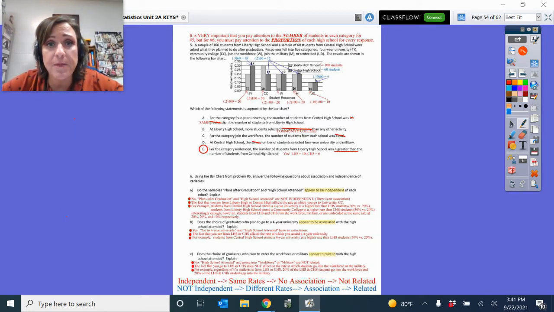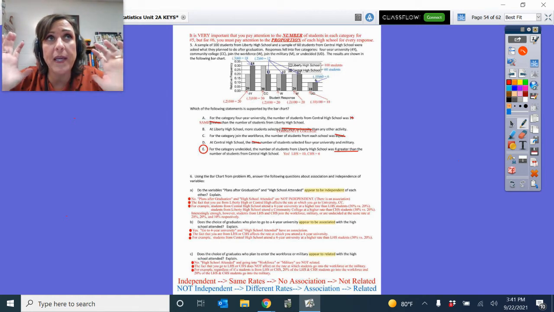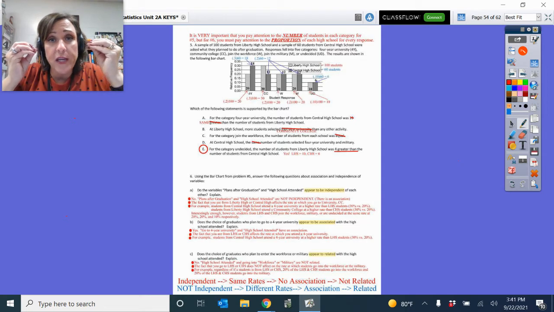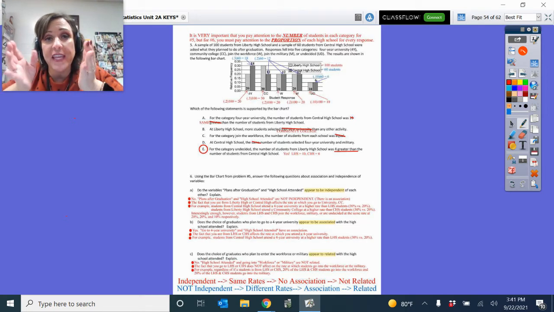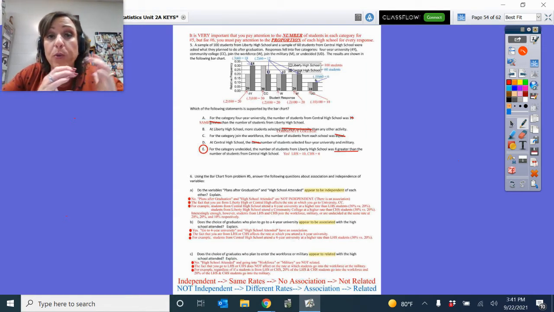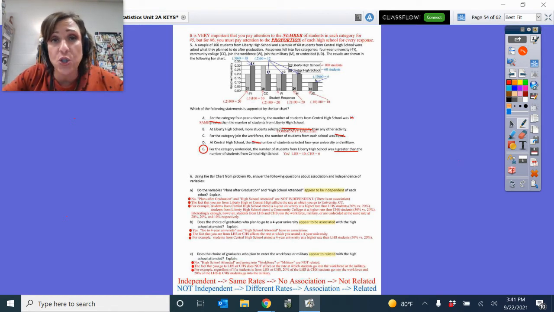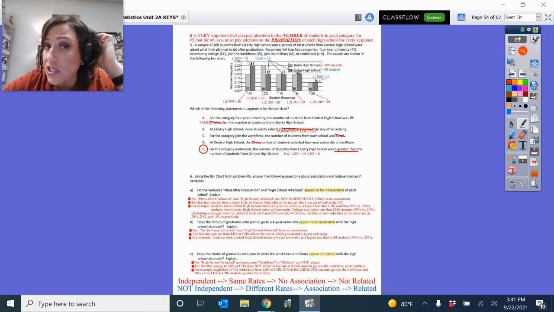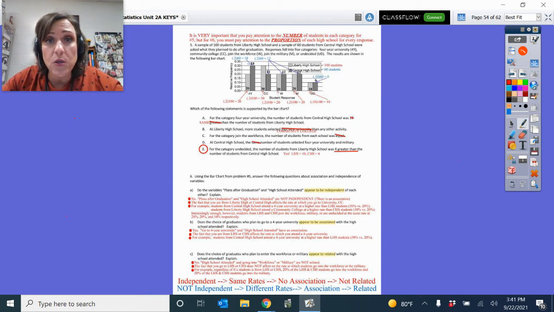So what's happening is, we have to keep straight in our mind if we have the information to find out the number of students in each one of these sections, or if we just know the proportion of the high school that is in those sections. So as with this whole test or this whole unit, you have to keep straight the number of items versus the proportion of items.